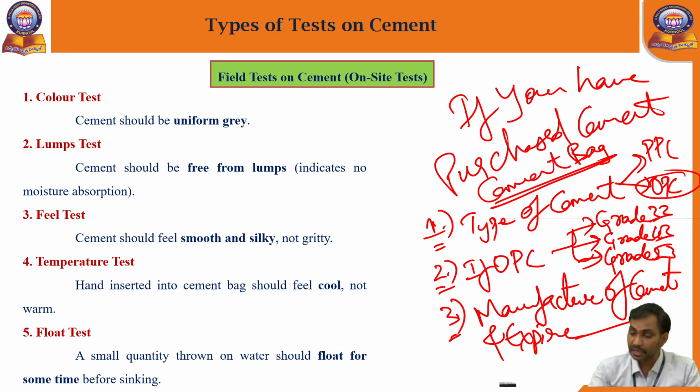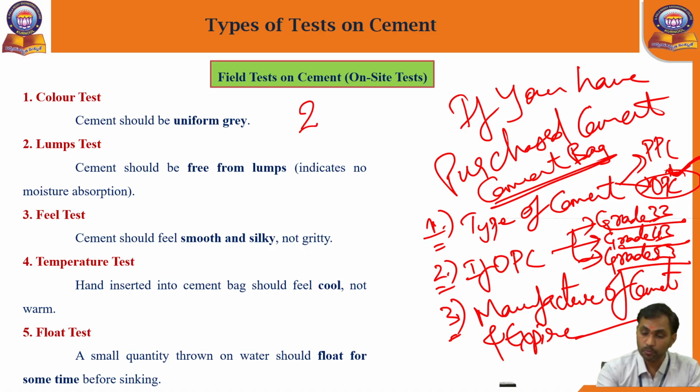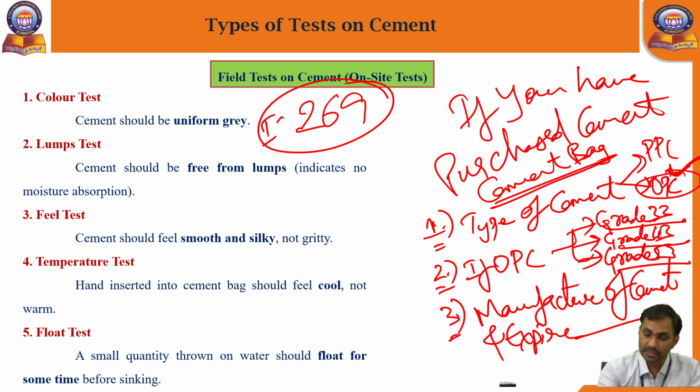If it is confirmed as OPC cement, then you have to check whether it is 33 grade, 43 grade, or 53 grade. Then we have to refer to the code book of OPC, that is IS 269 cement grade. For the OPC, we will refer to IS 269.